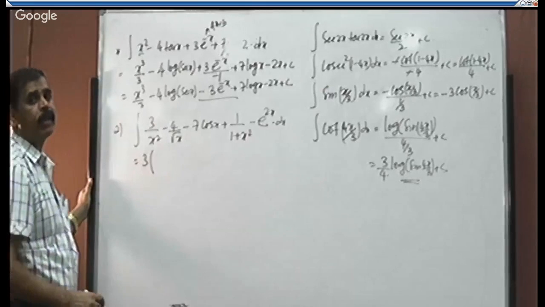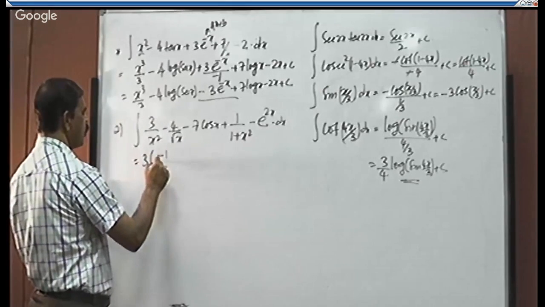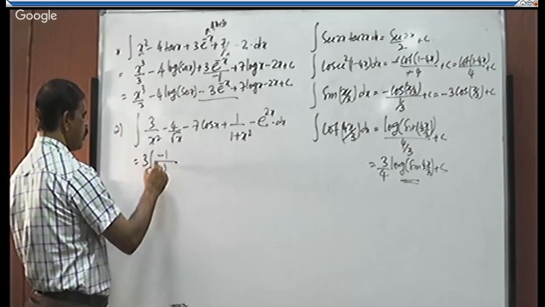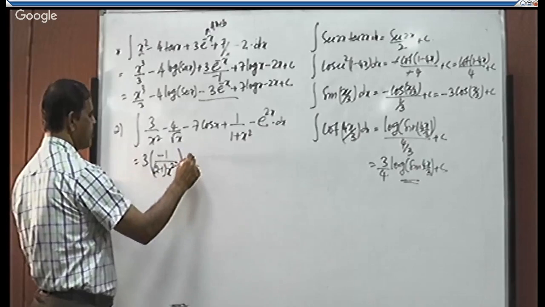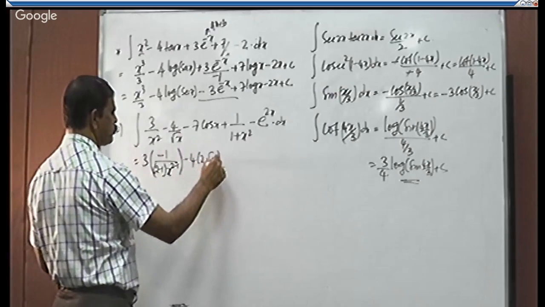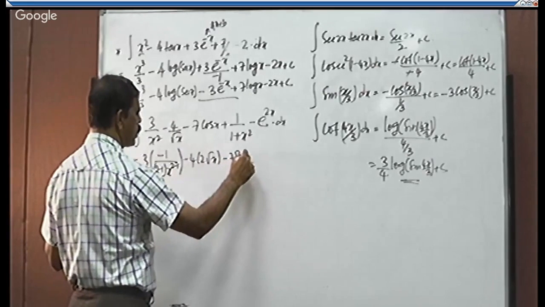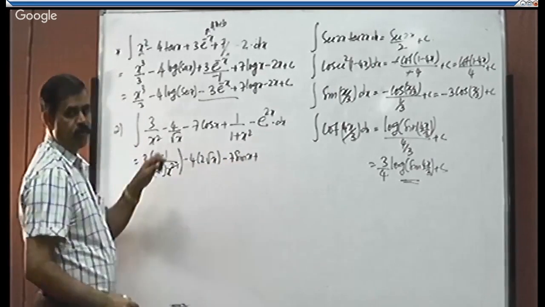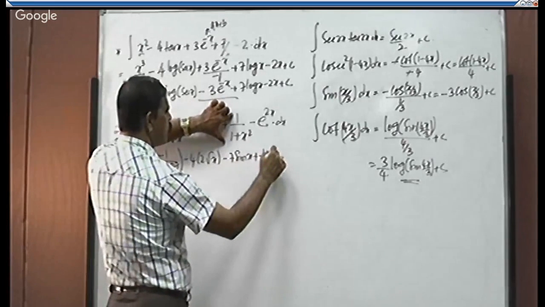It is 1 by x to the power of n form: minus 1 divided by 2 minus 1 into x to the power of 2 minus 1, minus 4. For 1 by root x, it is 2 root x. Minus 7, for integration of cos it is sin x. Plus integration of 1 by 1 plus x square is tan inverse x.